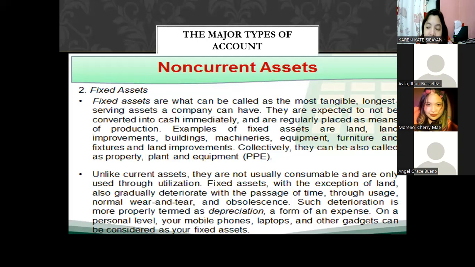Same as car. Dito sinasabi natin na ang car is part of an asset, di ba? Pero kung iisipin niyo talaga, in reality, ang car pag hindi mo ginamit, it can be your liability. Why? Kasi gumagastos ka for maintenance, gumagastos ka for registration, ganon.